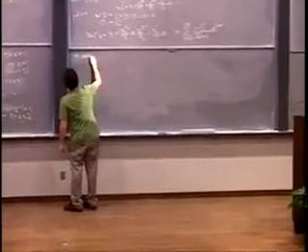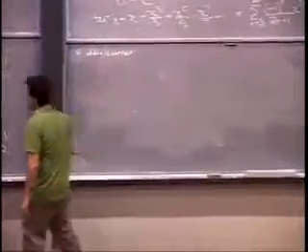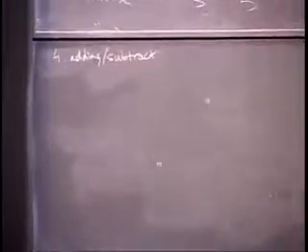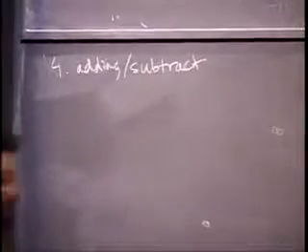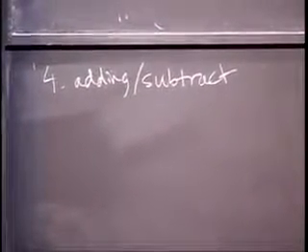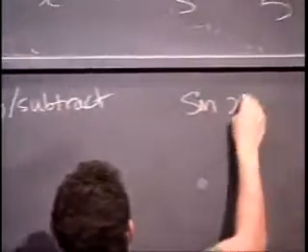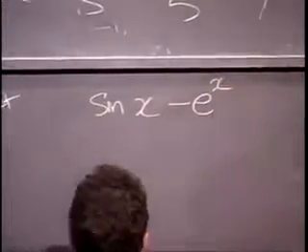You can add and subtract power series term by term, within the radius of convergence. As long as you work where both of the series converge, everything is fine. So, as an example, what would the series for sine x minus e to the x be?